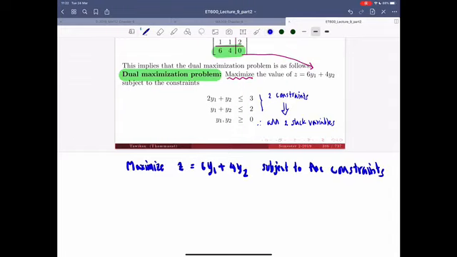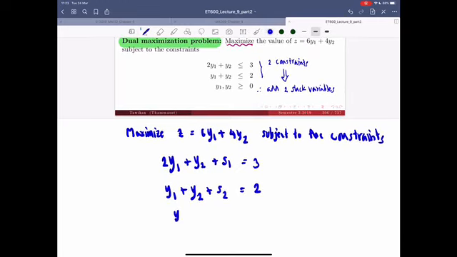The first one, by adding the first slack variable s1, the first constraint is going to turn out to be 2y1 plus y2 plus s1 equals 3. And the second constraint, by adding the slack variable s2, will be changed to y1 plus y2 plus s2 equals 2. And we still have the non-negative constraints: y1 and y2 both must be non-negative.